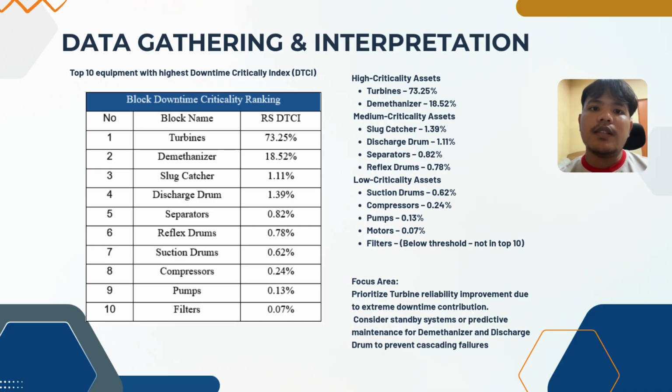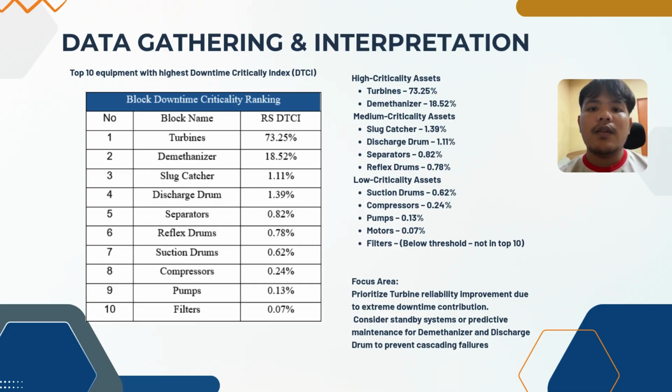Other equipment such as the slug catcher, discharge drum and separators fall into the medium criticality group, where both failure rate and MTTR are moderate. Meanwhile, assets like compressors, pumps, motors and filters are categorized as low criticality. Their impact on system downtime is minimal and less urgent.